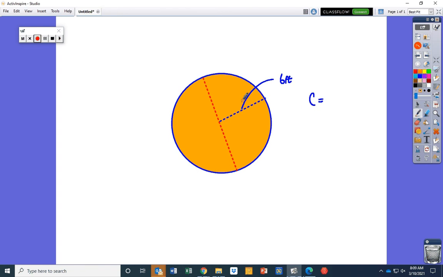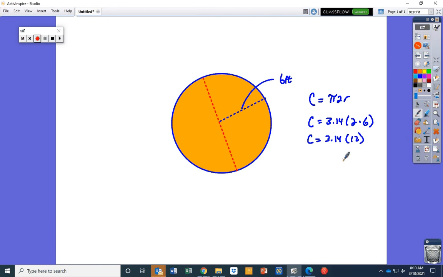Am I given a radius or a diameter? It's a radius. So I'm going to write pi times 2r. I'm trying to find C. What am I going to replace the pi symbol with? 3.14 times 2 times the radius, 6. So circumference equals 3.14 times 2 times 6, which is 12.